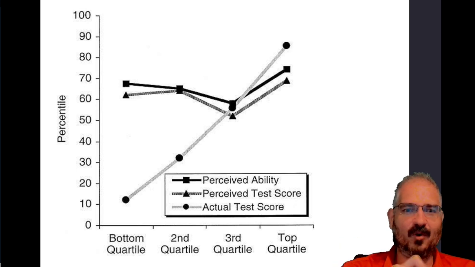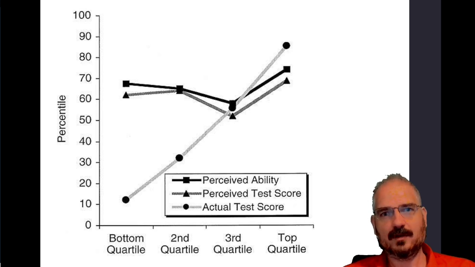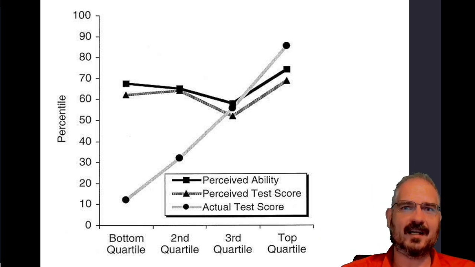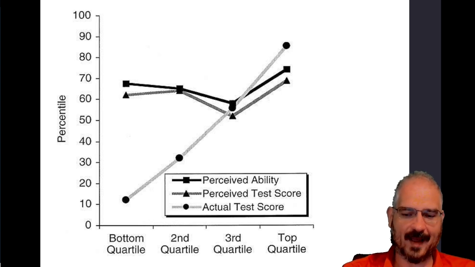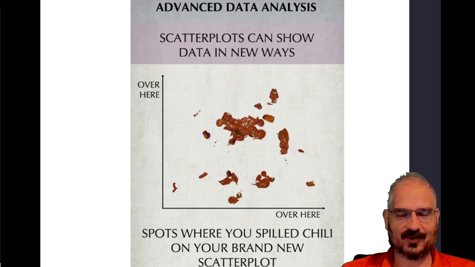Because people who know the least about some subject think they know as much as people who actually know about a subject. That's called the Dunning-Kruger effect. You can read all about it in another course or Google it. It's a fascinating topic.